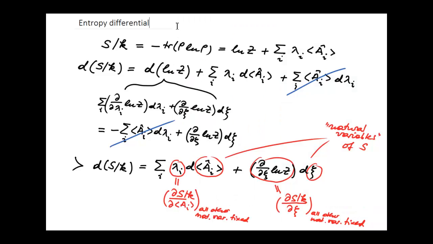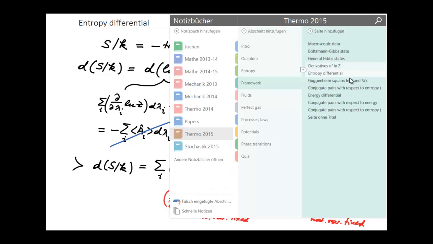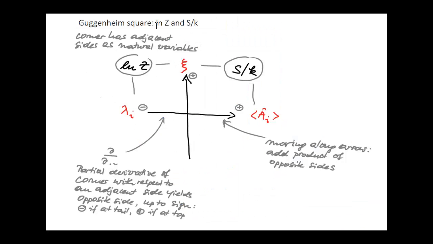We have S over K is equal to the log of the partition function plus sum over I, lambda I, expectation value AI. So indeed, going from log Z to entropy, S over K, means you have to add the sum over I, lambda I, AI. And this information is also encoded in the Guggenheim square.